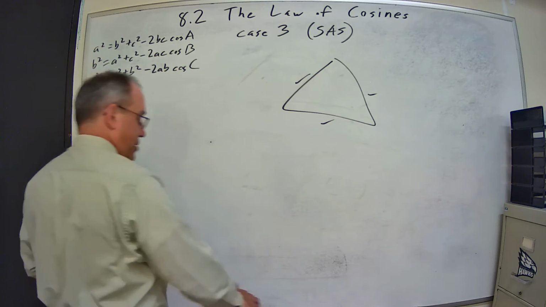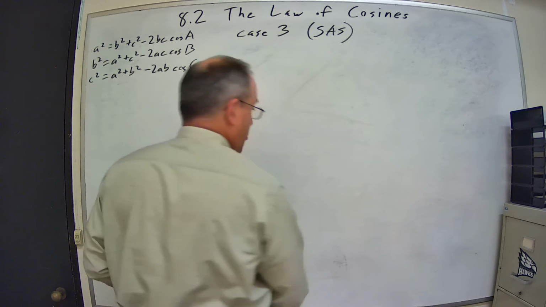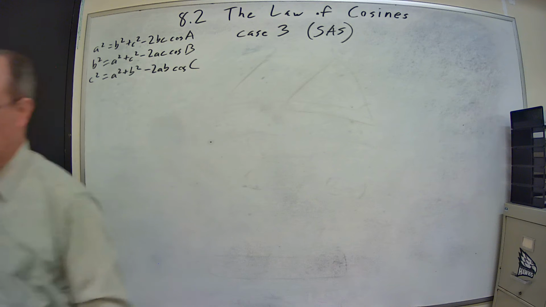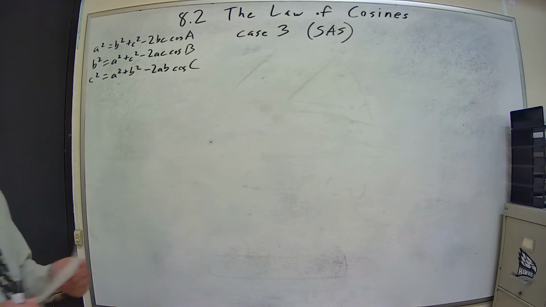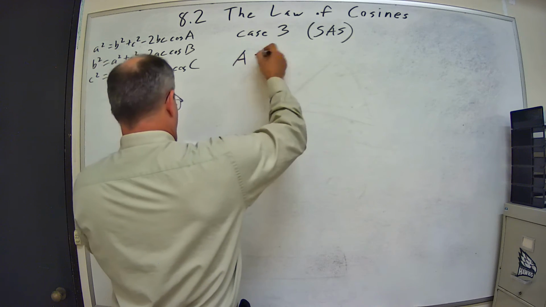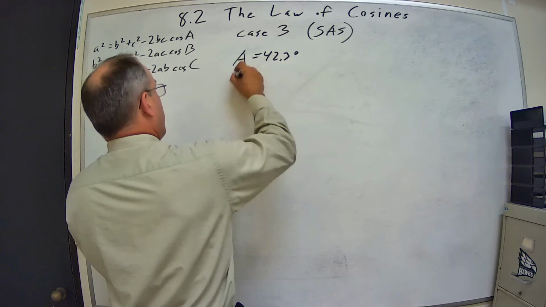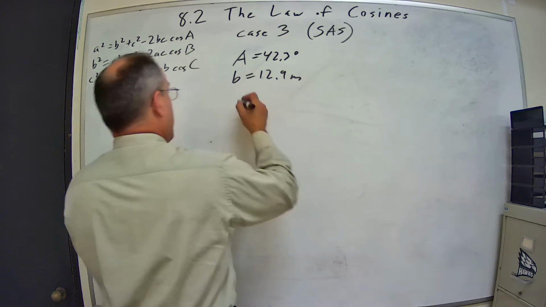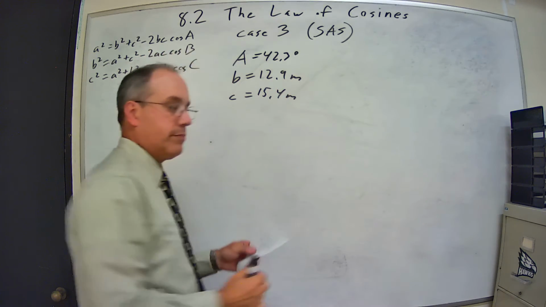So let's take the case where we have two sides and the angle between them. Let me grab my paper to get my example. Angle A is equal to 42.3 degrees. Side B is equal to 12.9 meters. And side C is equal to 15.4 meters.